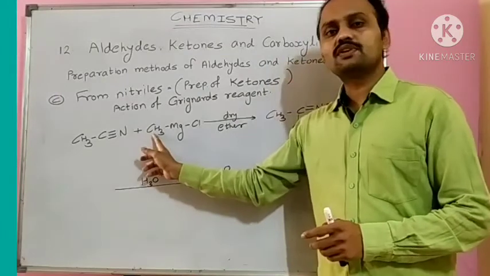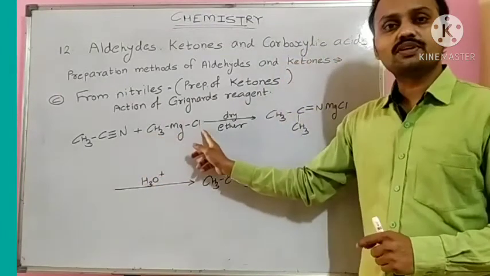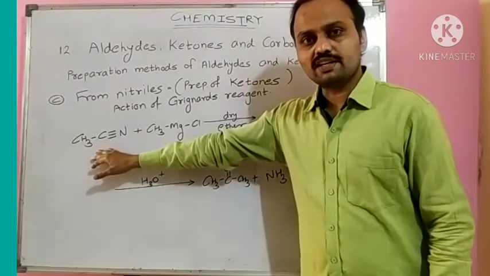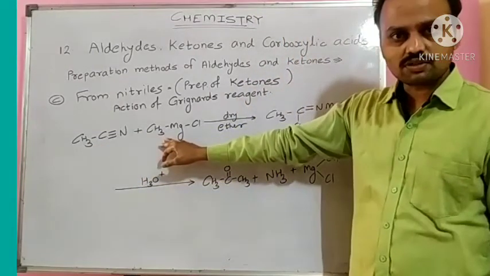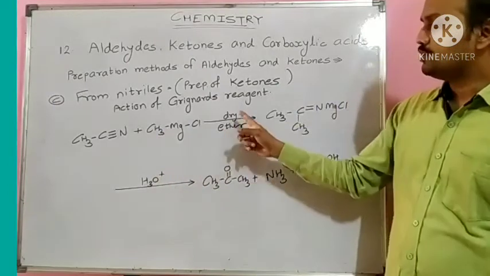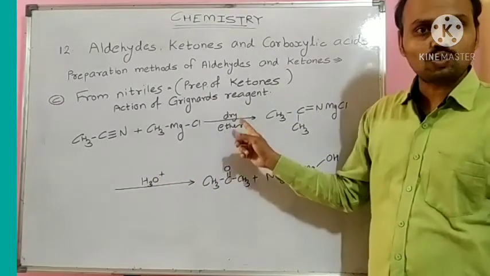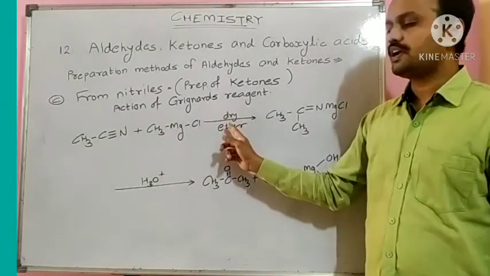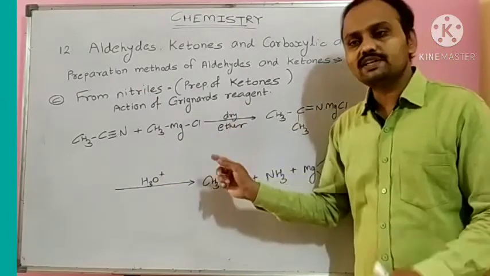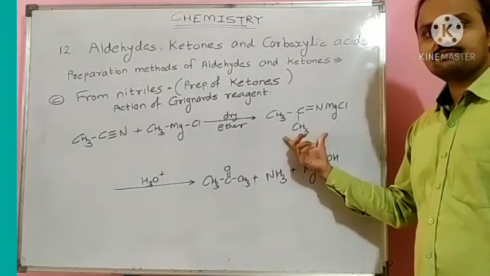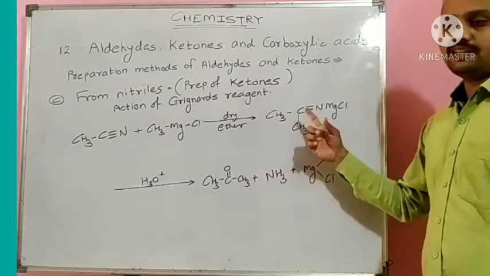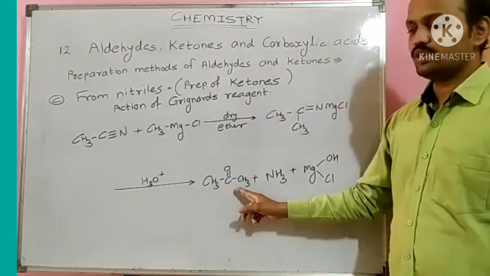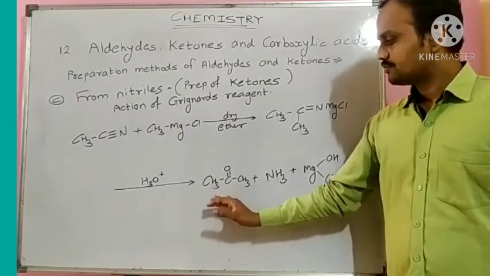You can have different alkyl groups and different halogen atoms also. So alkyl nitrile reacts with Grignard's reagent in presence of dry ether as a solvent. We get a complex, and that complex on acid hydrolysis gives the corresponding ketone.